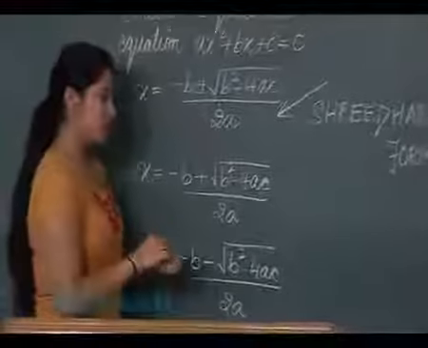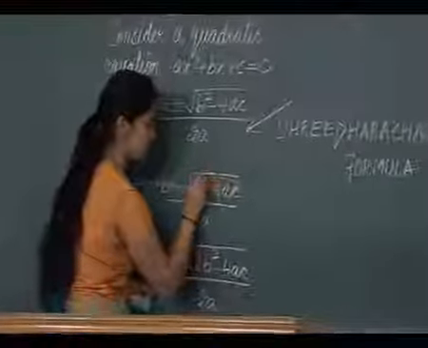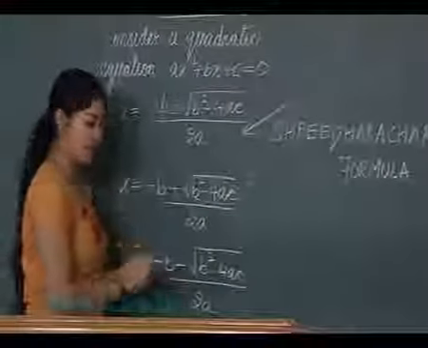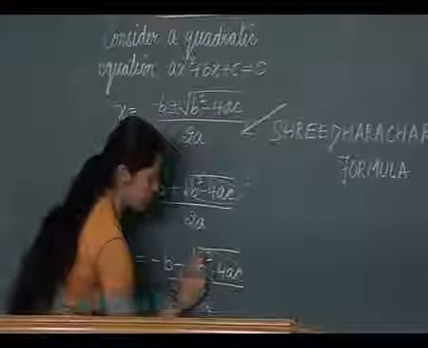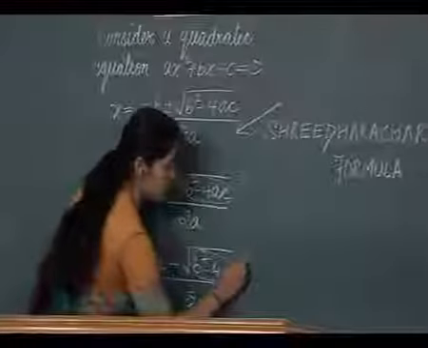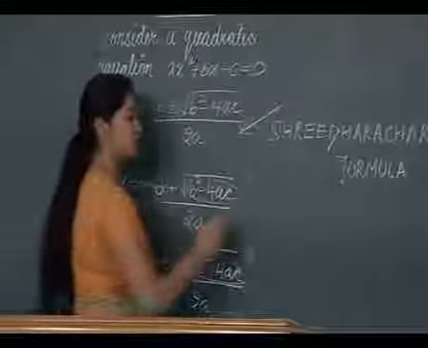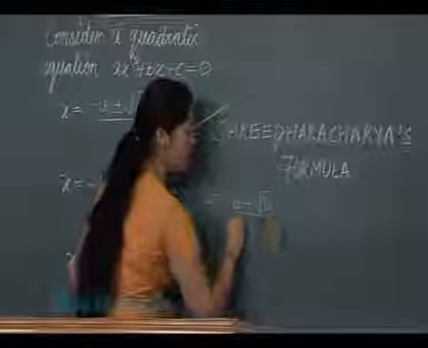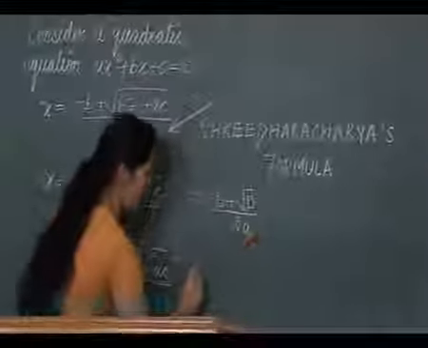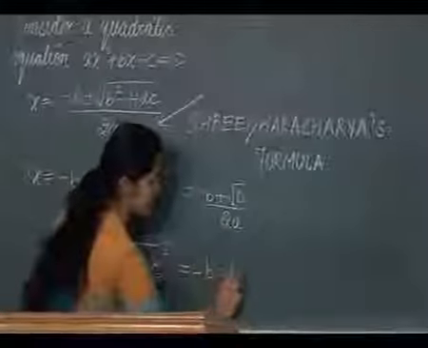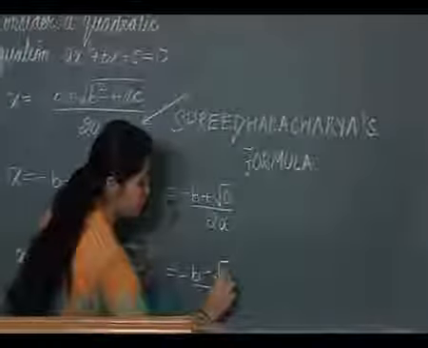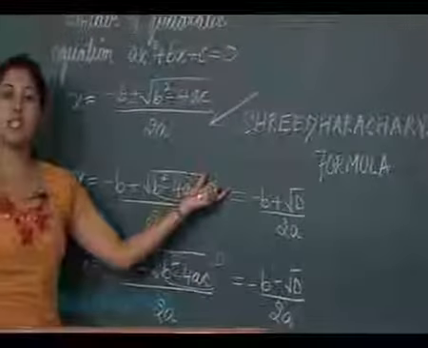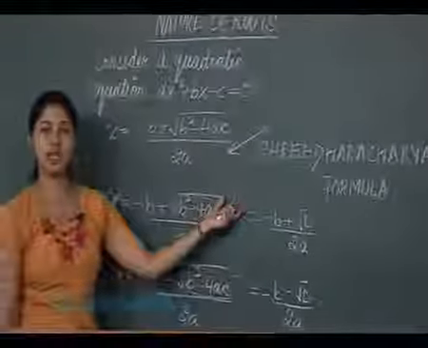Now students, we denote this b square minus 4ac by capital D, and here also it will be capital D. So the roots become minus b plus root D upon 2a and minus b minus root D upon 2a. Now here this capital D is known as the discriminant.